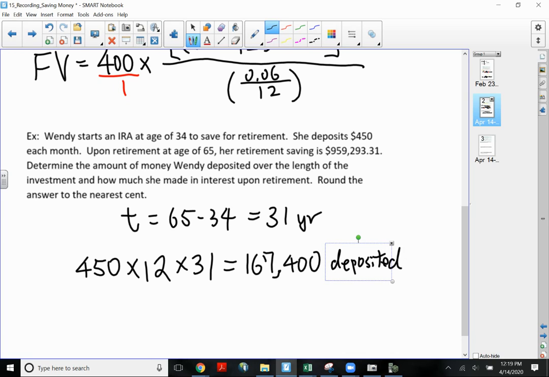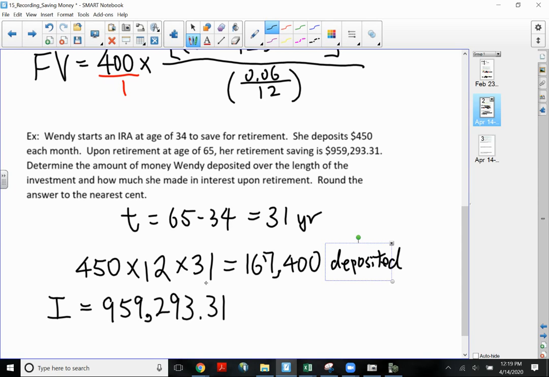All right. Now, how much interest did she make? She only put in $167,000, but the account actually grew into $959,293.31.